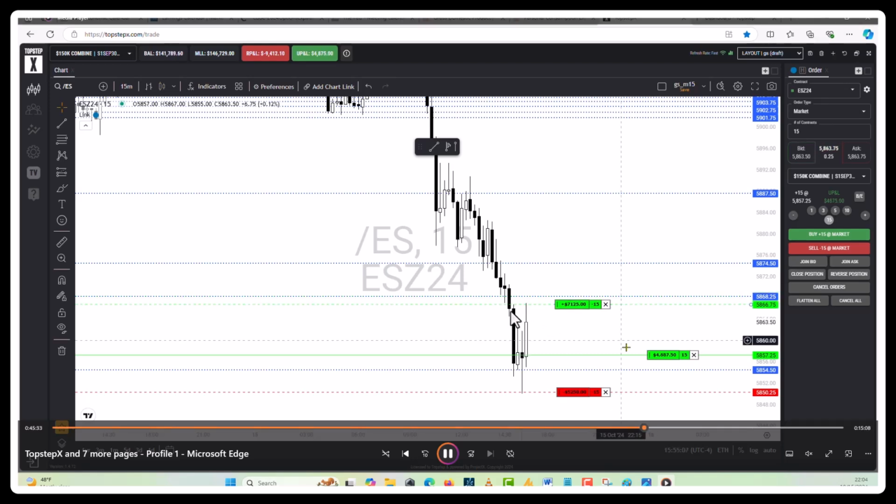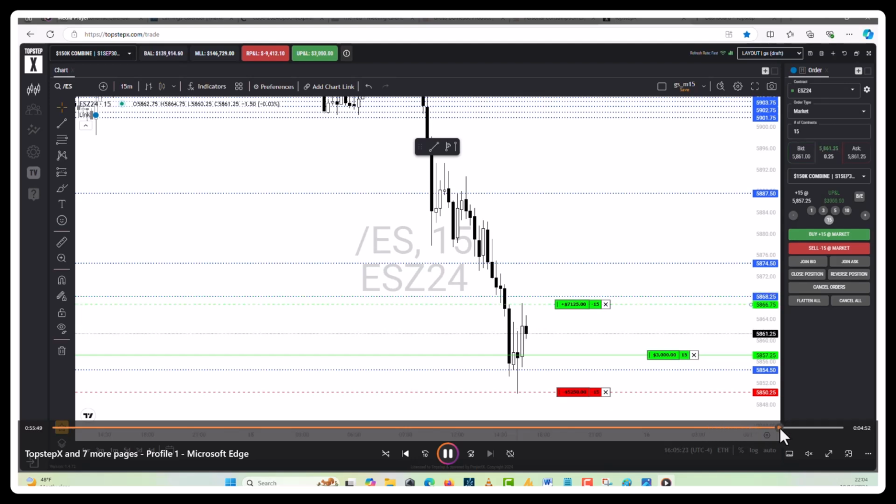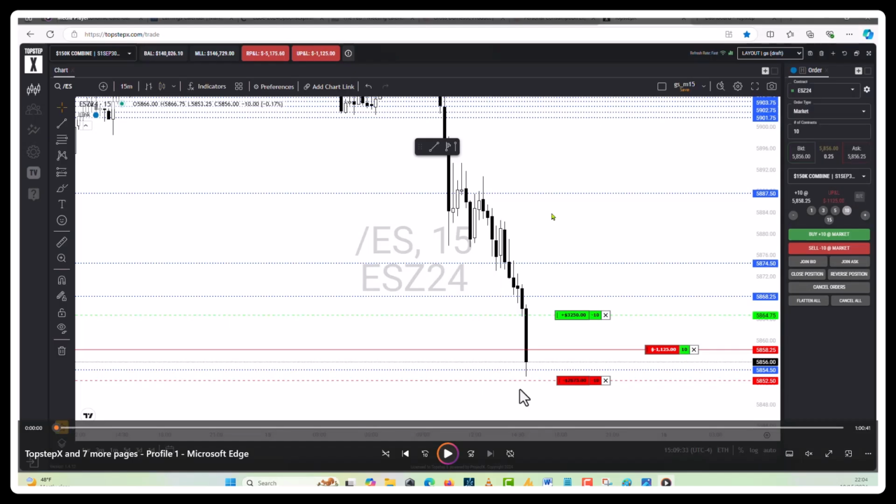Yes, that's what we're trying to make. Or the high of this, we would hit right away. But we were a little bit impatient right there. We were too greedy, basically. At the end, we just closed the trade first.